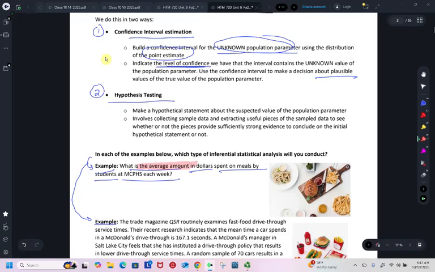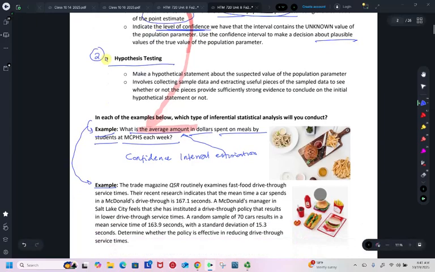In that case, we're trying to estimate something that is unknown. This will call for confidence interval estimation, since we're trying to estimate a certain unknown value regarding the population of all students at MCPHS.